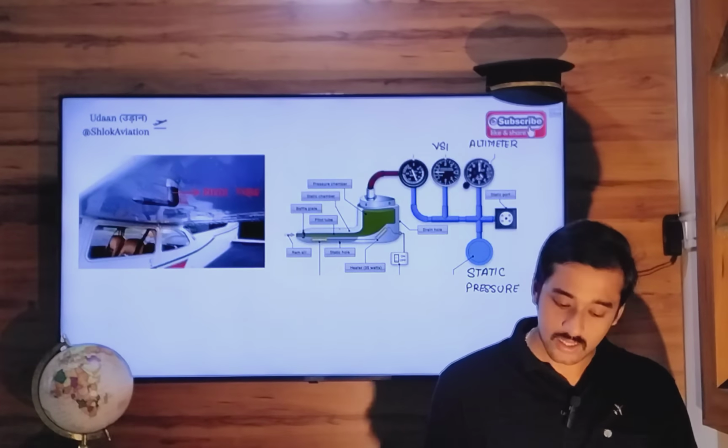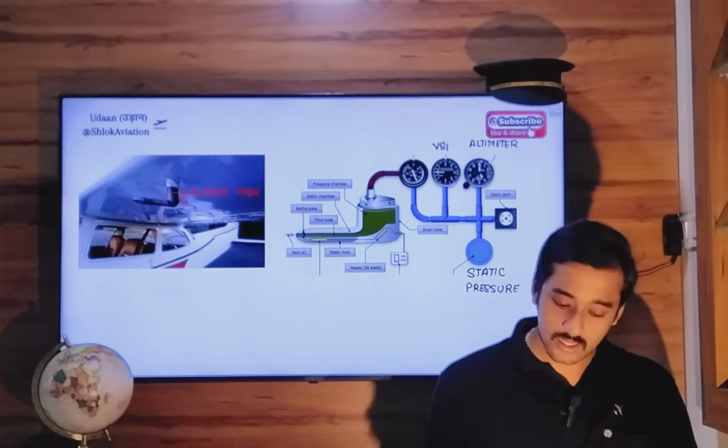Therefore both static pressures, one from outside and another inside, cancel each other out, and finally we are left with dynamic pressure.